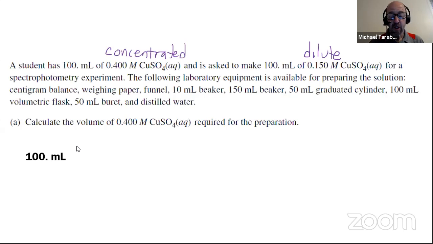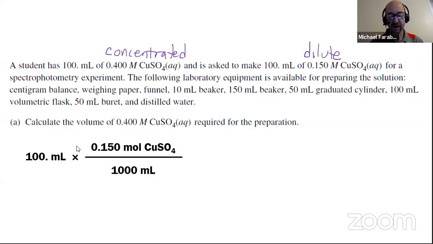Now, we know that we need to make 100 milliliters of this dilute solution. We know that the concentration is 0.150 moles per liter. And I've written on the bottom, instead of 1 liter, 1,000 milliliters, just so I can get my units to cancel out. So I need 100 times 0.15 divided by 1,000. I need 0.0150 moles of copper sulfate.